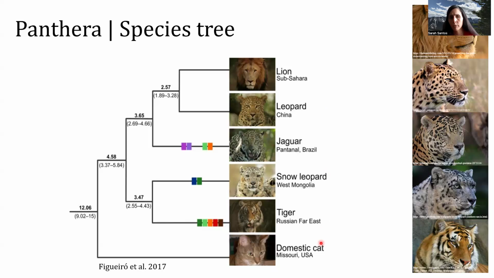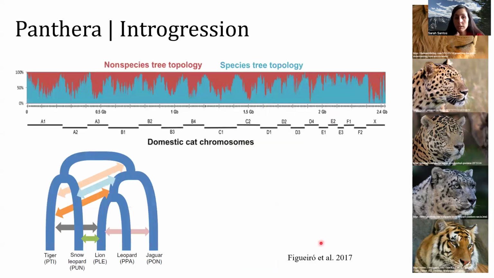And they would have evolved around 4 million years ago, and we would just observe signals of hybridization between different combinations of these species here. But this would be the species tree.